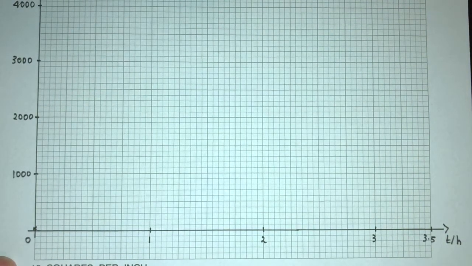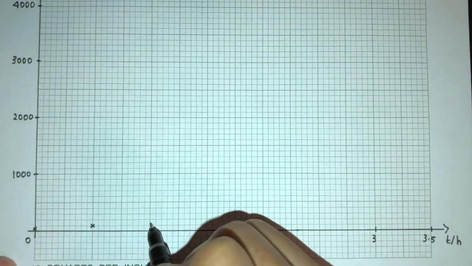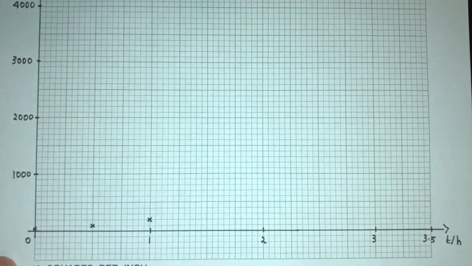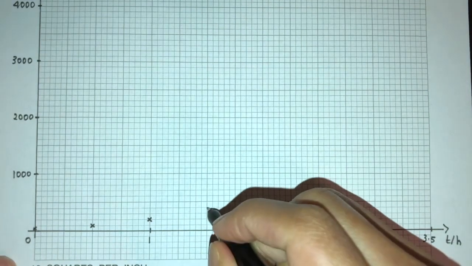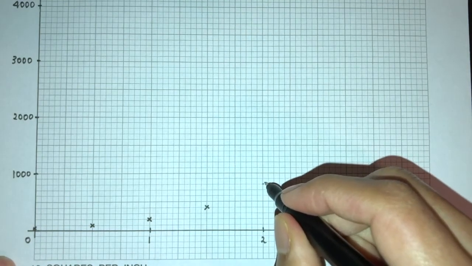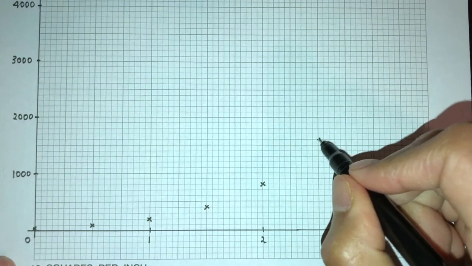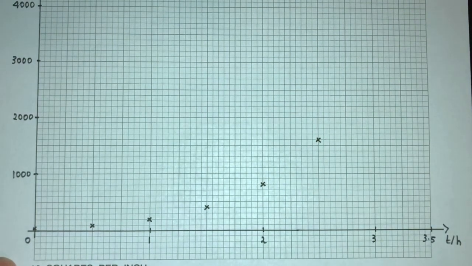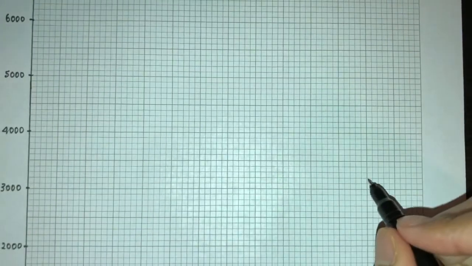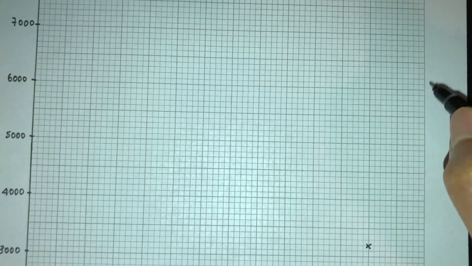Now 0.5 will be 100, right here. 1 will be 200. 1.5 will be 400. 2 will be 800. 2.5 will be 1600. Then we have 3 will be 3200. That should be here. And we have 3.5 will be 6400. That should be somewhere over here.